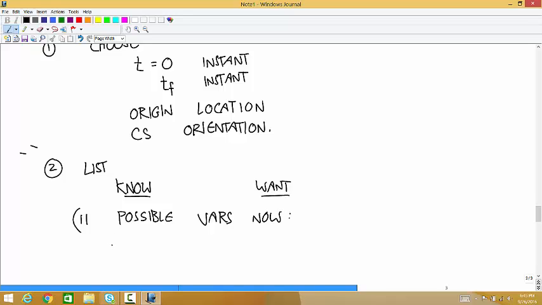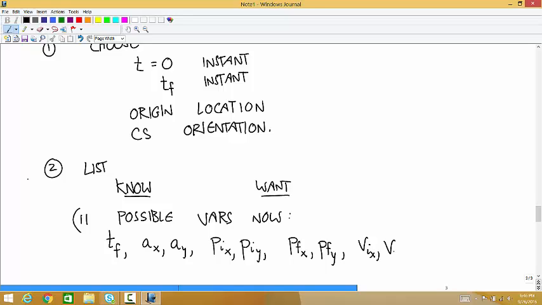Those are time final, AX and AY, PIX and PIY, PFX and PFY, VIX and VIY, and VFX and VFY.